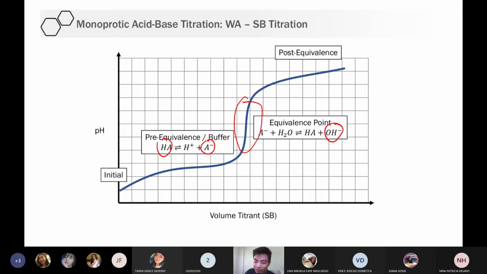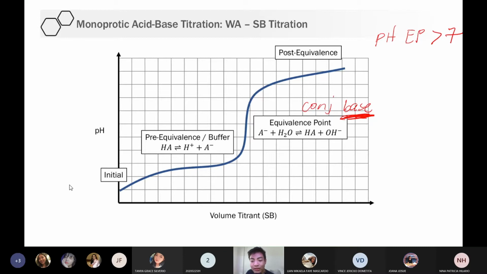Meron kasi tayong conjugate base, and conjugate base is, from the word itself, base. So that means the equivalence point pH is greater than 7. Okay? So the pH at equivalence point is greater than 7 kapag weak acid, strong base titration.